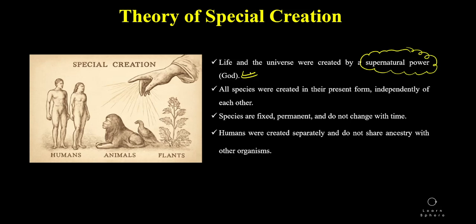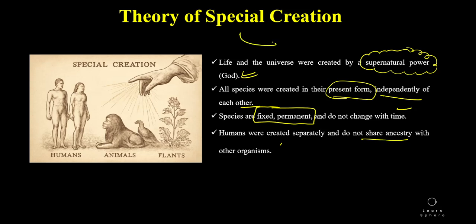All species were created in their present form, independently of each other. Species were fixed and permanent, and do not change with time. Humans were created separately and do not share ancestry with any other organism.